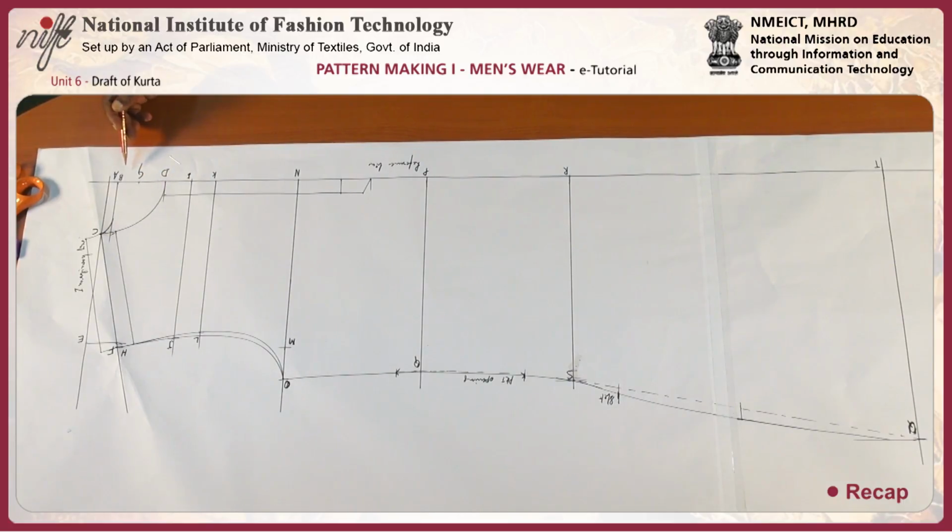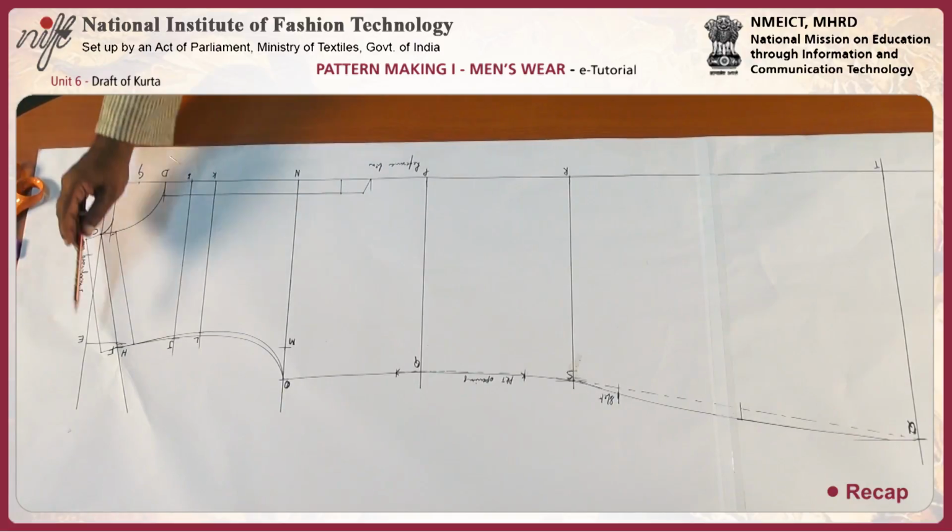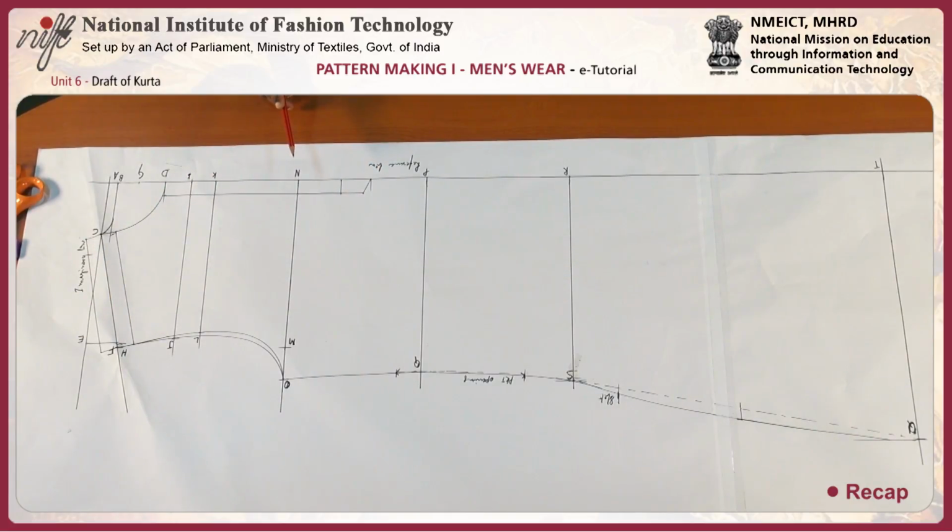Then I measured point E, which is a constant measurement, 23 centimeters. Then from point E, F is 4 centimeter, which is also constant. Then I measured across shoulder, that is G, and H is 3.5 centimeter. Then B to I is the shoulder seam.